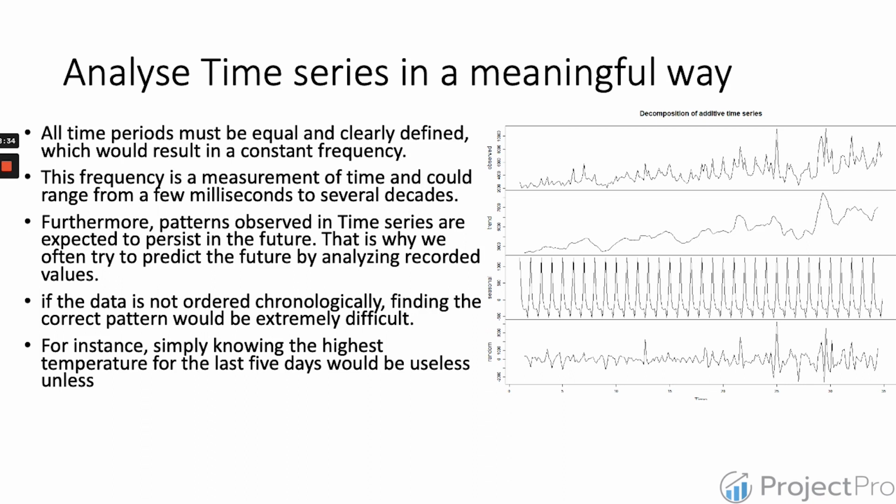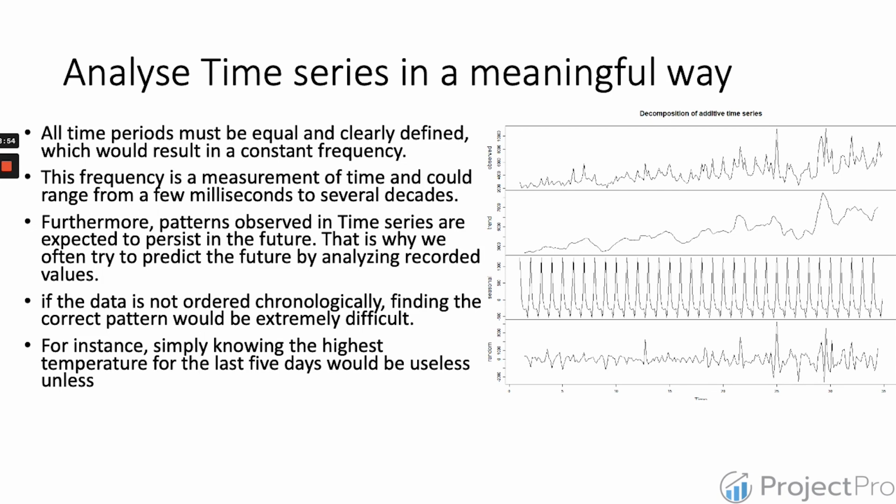It is basically a rule of thumb that the data should be chronological. For instance, simply knowing the highest temperature of the last 5 days would be useless unless we got a series of data for the entire month or entire year.